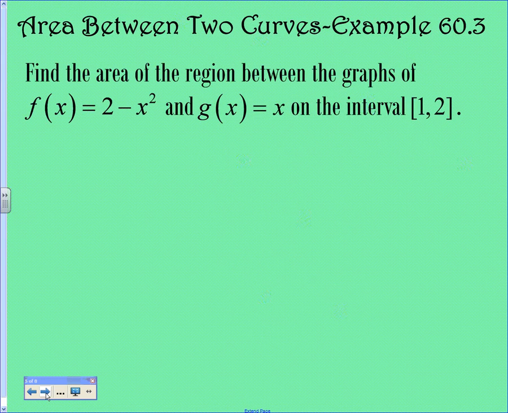We want to find the area of the region between the graphs of 2 minus x squared and x on the interval 1 to 2. Do we know how to graph those?